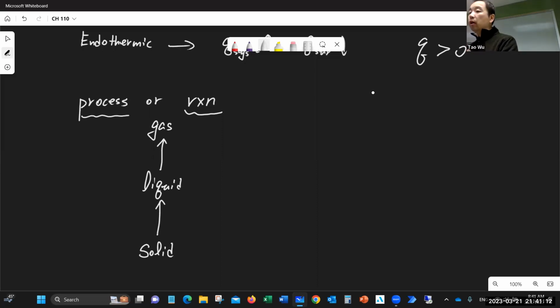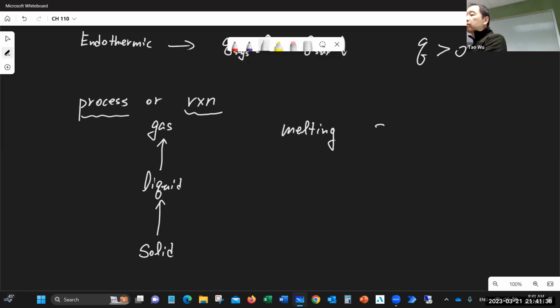So if we melt the water, what do you think? Is it endothermic or exothermic? Melting is from which phase to which phase?